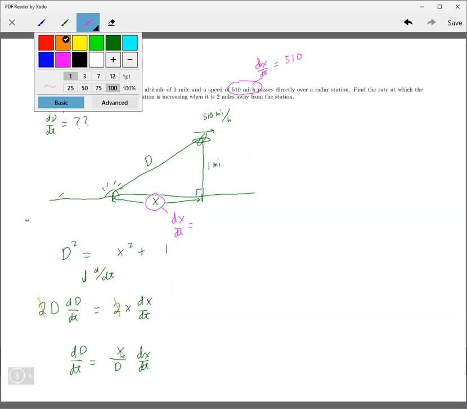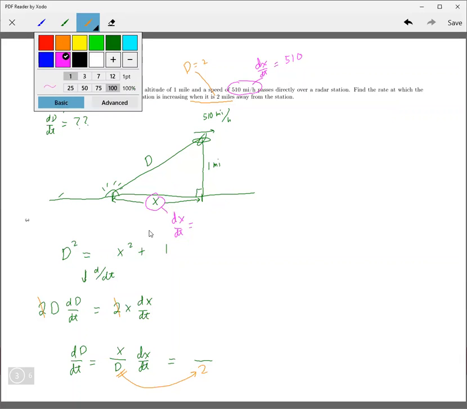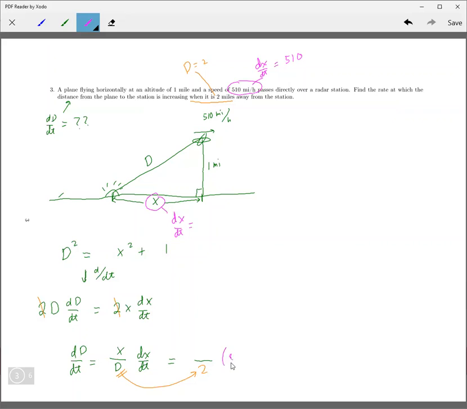Now, x and D are variables, but right now is where we put in the values that they are. So when the plane is 2 miles from the station, this would be D equals 2 right there. So this is going to be 2. That's going to be 2. Of course, and like I said, dx/dt is going to be 510.